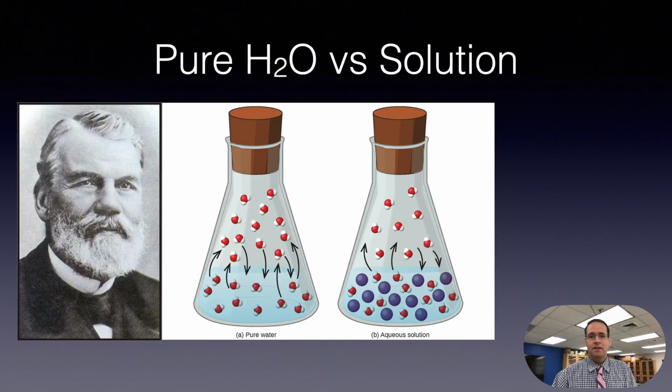All right, so first of all, Raoult here on the very left, back in the late 1800s, studied the boiling, vapor pressure, a lot of different stuff actually, but he studied vapor pressure of pure water versus solutions, and he found that the vapor pressure of salt water, for example, is ever so slightly less than the vapor pressure of pure water.